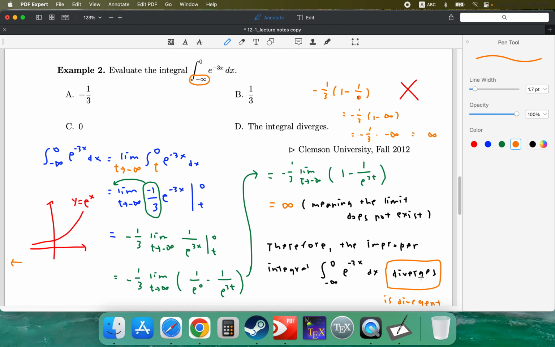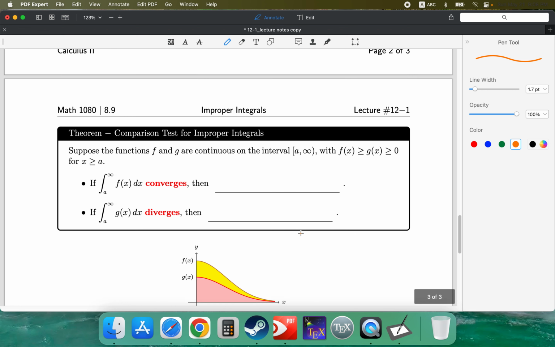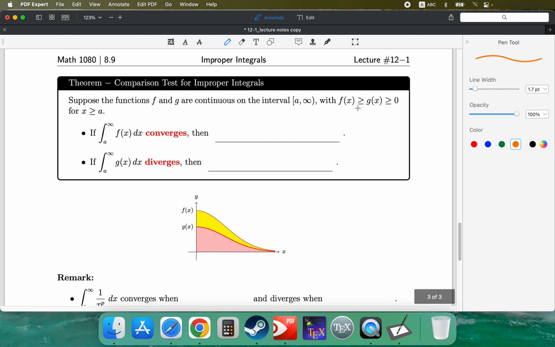So let's take a look at the next page. We want to talk about a comparison test for improper integrals. So right here, suppose the functions f and g are continuous functions. They are continuous on the interval from a to infinity. And right here, f is greater than or equal to g, and g is greater than or equal to 0.